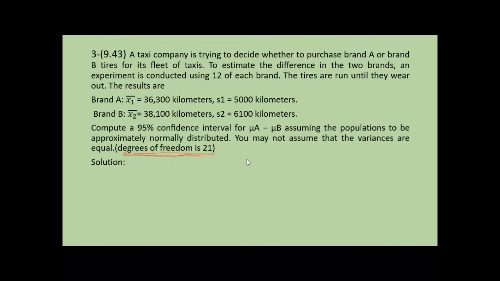Okay, collect the information from the question. A taxi company is trying to decide whether to purchase brand A or brand B tires for its fleet of taxis. To estimate the difference in the two brands, an experiment is conducted using 12 of each brand. Now this is brand A. Average is given.